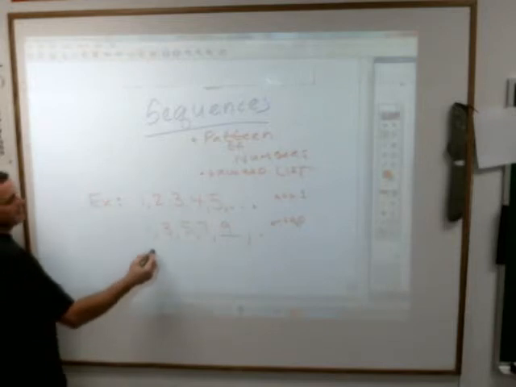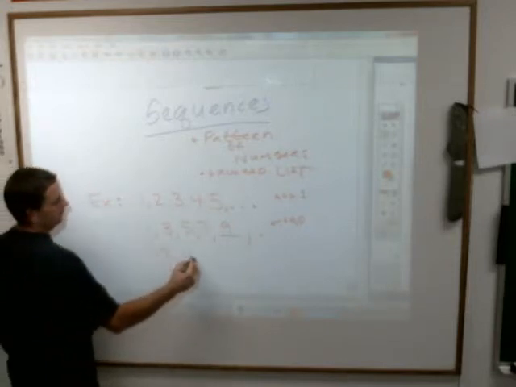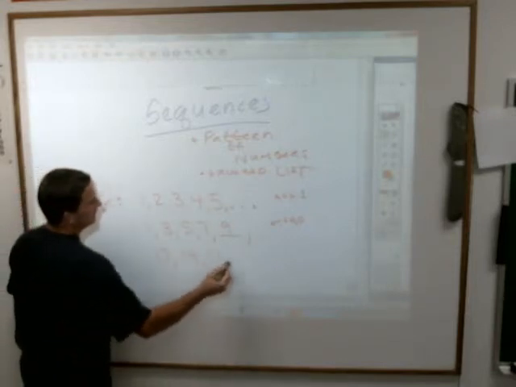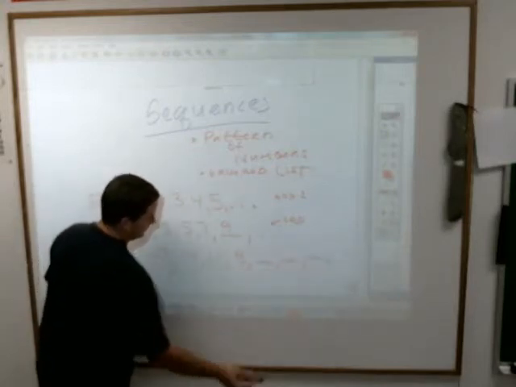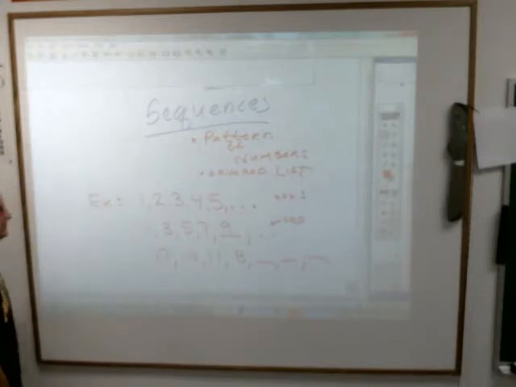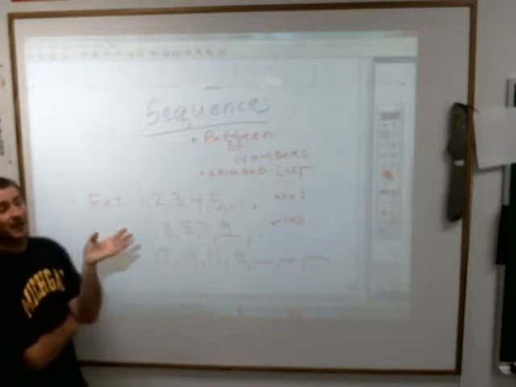What about this one? 17, 14, 11, 8. What would be the next 3 numbers in that sequence there? The first thing you got to do is figure out what the pattern is.